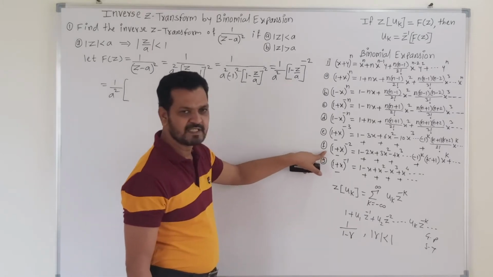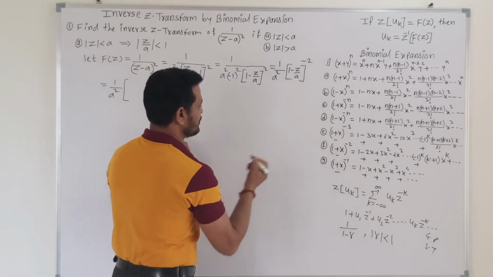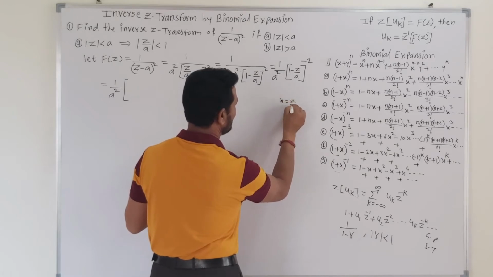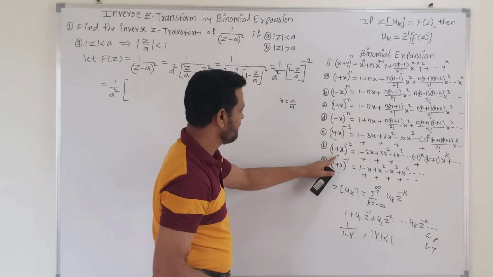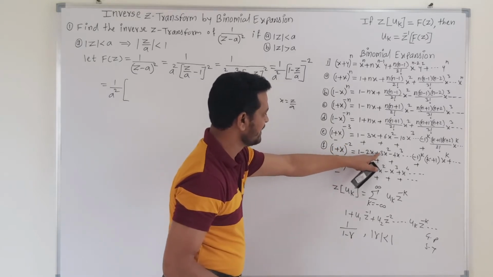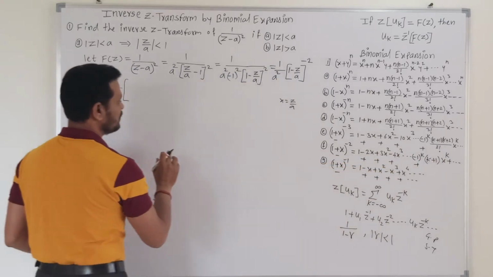Now here we are using this f result. So here 1 minus x, where the value of x is z by a. So we can write this result f as 1 minus x raised to minus 2, which is 1 plus 2x plus 3x square plus 4x cube and so on. So we are using this result.